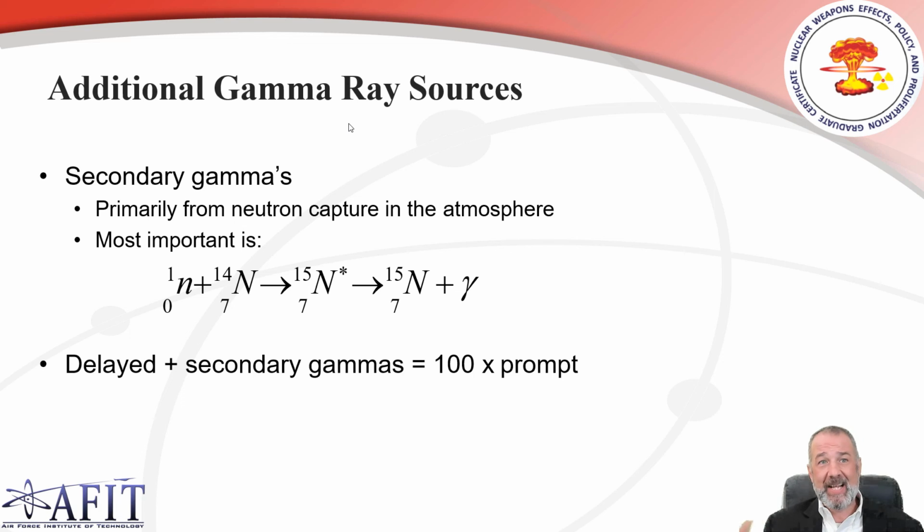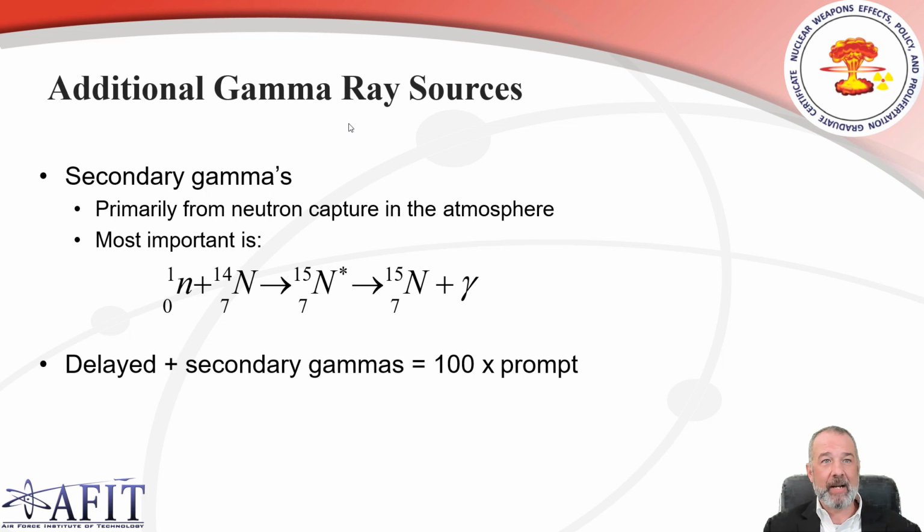Okay, so that's coming from the weapon itself, but we can make gamma rays outside of that. We'll call it the weapon environment because that sounds better. These are called secondary gammas, and these are produced by neutrons interacting with stuff in the atmosphere or in the air. And most importantly, we have nitrogen, which comprises a very large percentage of our atmosphere.